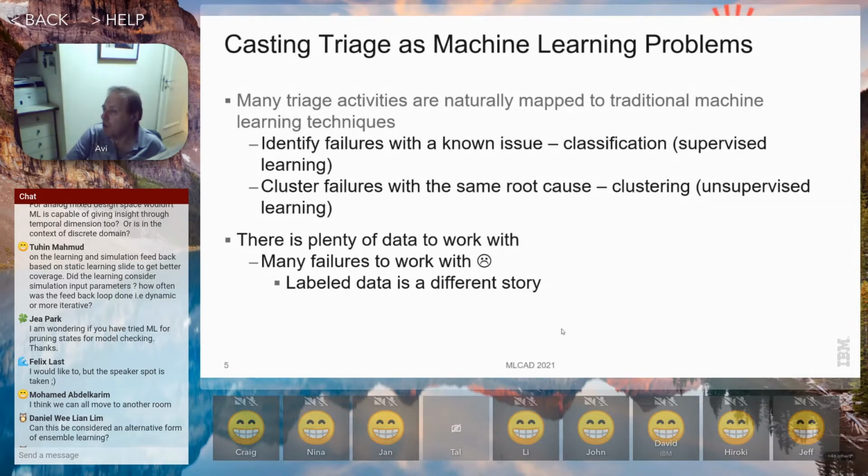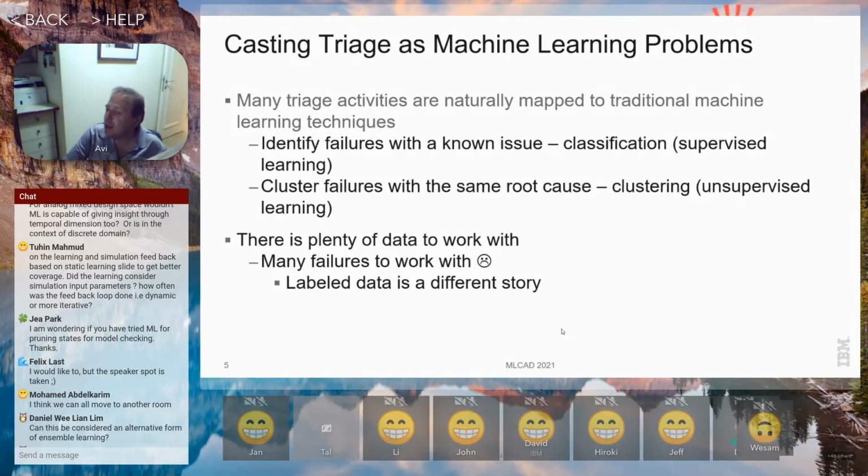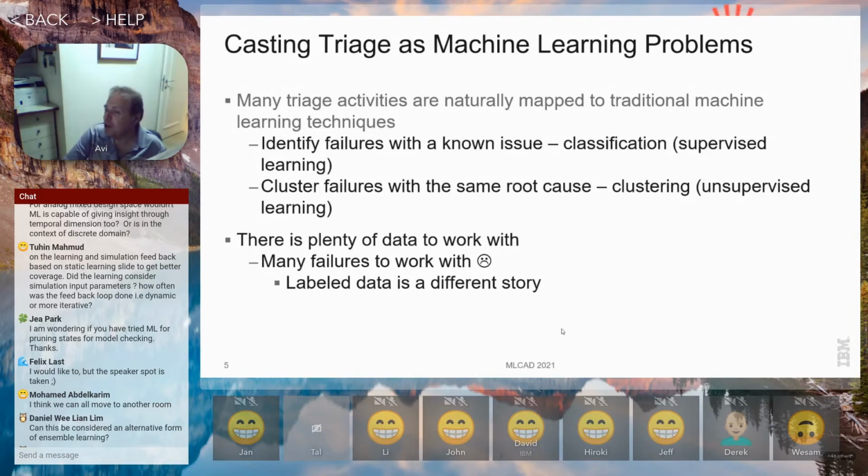So we do have a lot of data. Labeled data is a different story, and I'm going to talk about labeled data in several places during this presentation. For now, let's just leave it that labeled data is a different story.